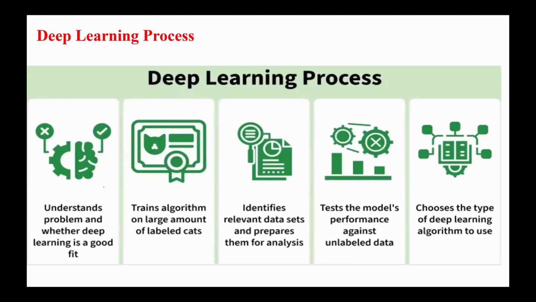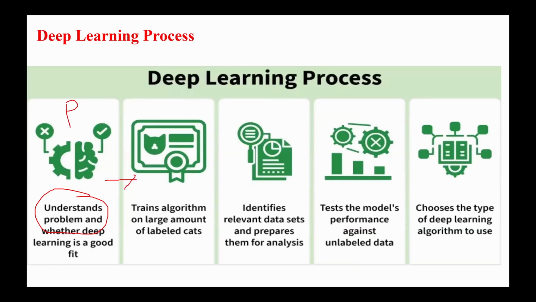Now, what is the process for deep learning? The process of deep learning first is understanding the problem. As I already told you, understanding the problem is the first important step in deep learning: whether deep learning is applicable or not applicable. First and foremost, you define what exactly the problem is. What is your hypothesis design? So that you would design. After that, what happens? Train the algorithm.